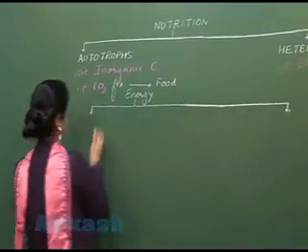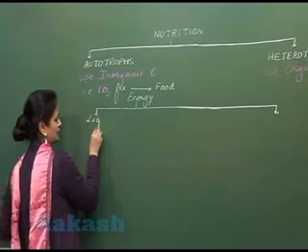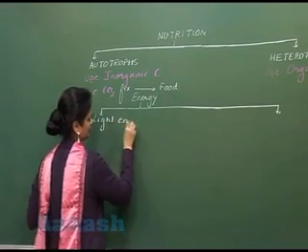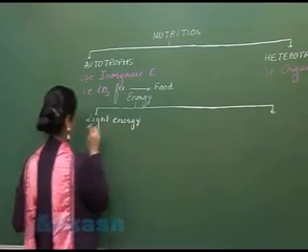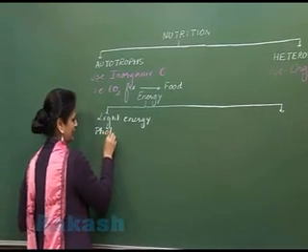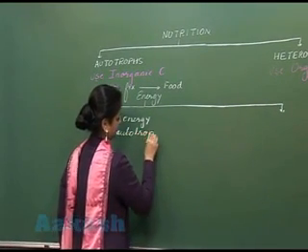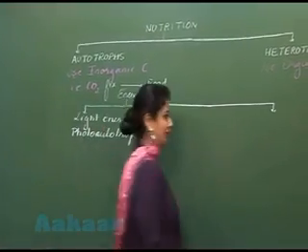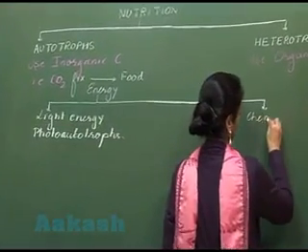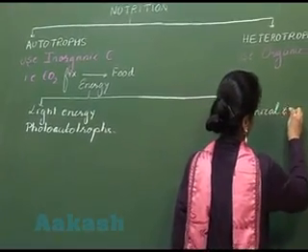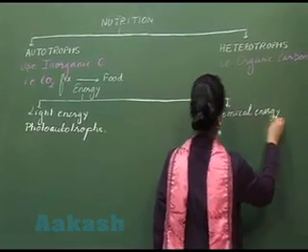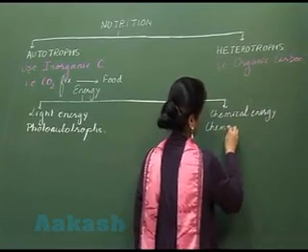For the synthesis of food, if light energy is used, you call this category as photoautotrophs. And if chemical energy is utilized, then chemoautotrophs.